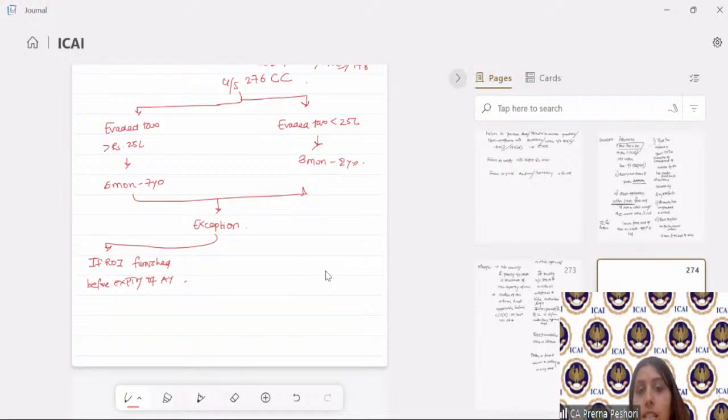Then in that case, there is no prosecution. So in that case, there will not be any prosecution.